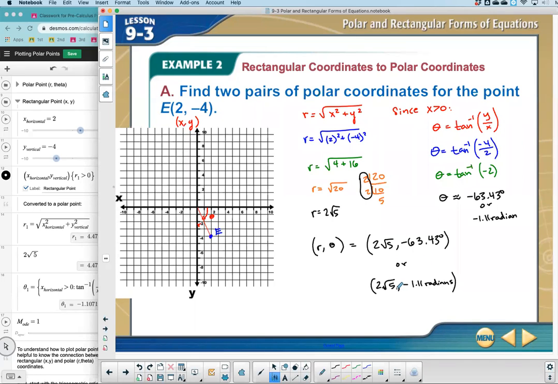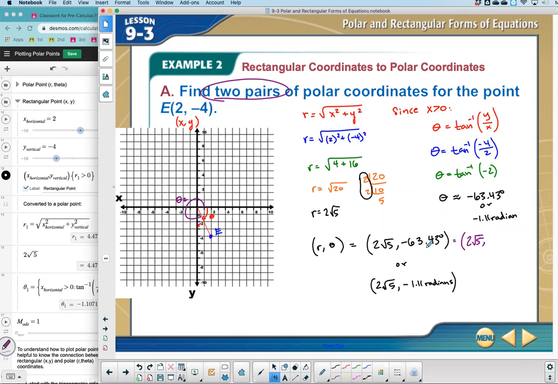Now the problem actually says write 2 pairs. So you see how it says 2 pairs? What I'll do is write the coterminal value. What if we wanted a positive theta here? We'll call it theta 2. If I wanted that, I would need to add a whole circle. So if I added 360, I would still have 2 square roots of 5 for my radius, but I could look at this as a positive angle.